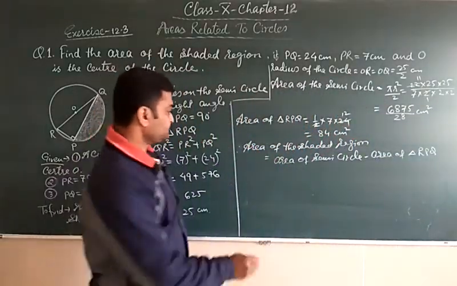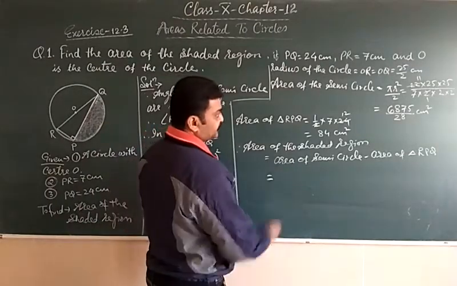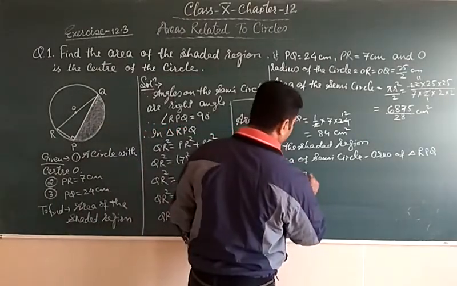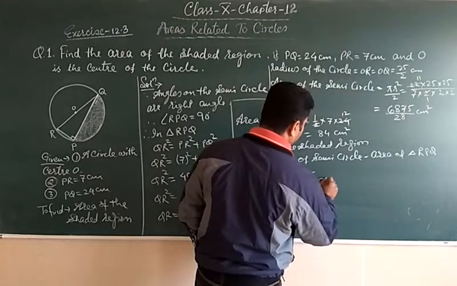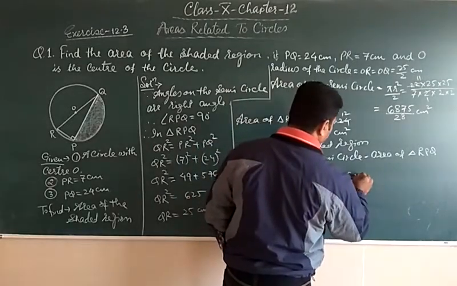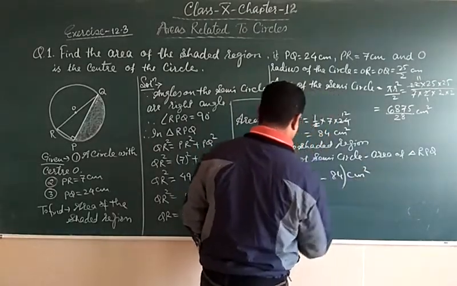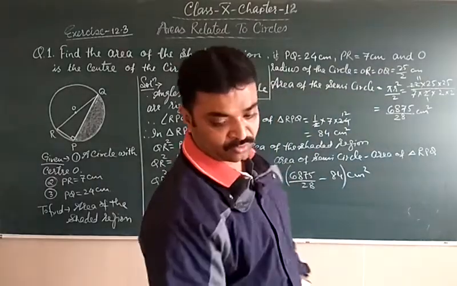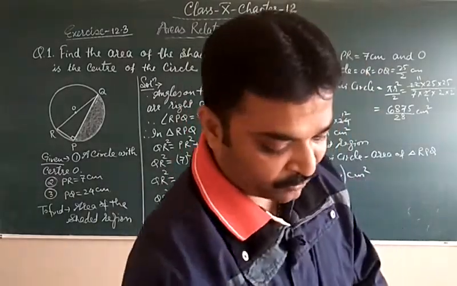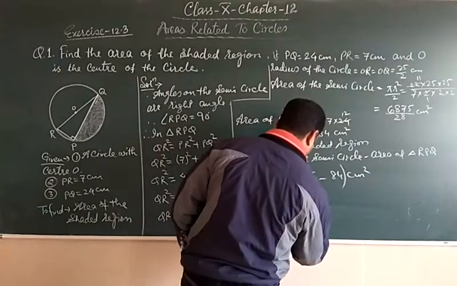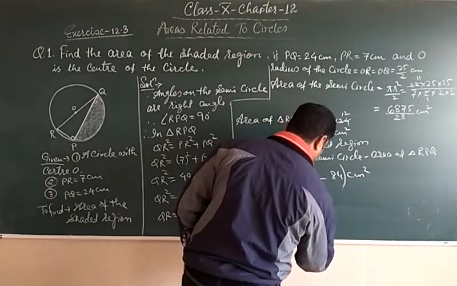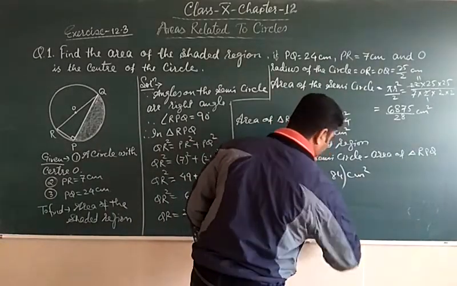Got it? So what is the area of the semicircle? That is 6875 upon 28 minus 84 centimeter square. After solving this, you will get 4523 upon 28 centimeter square as the required area.